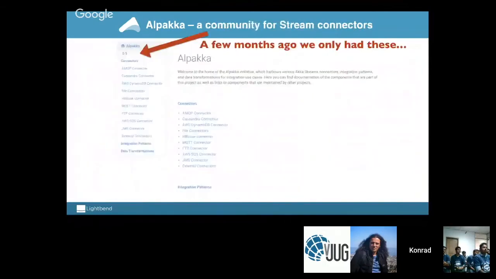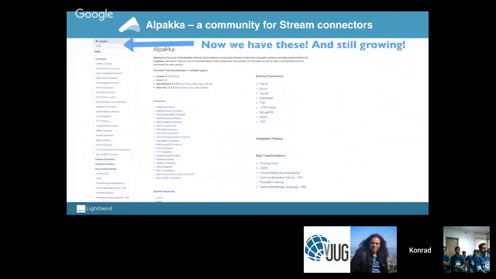While we do work on it a bit, it's more of a community effort where people contribute these connectors, at least right now. A few months ago, we had a few connectors, AMQP, some Cassandra stuff. But right now, it doesn't really fit on a slide anymore. And it's still growing.